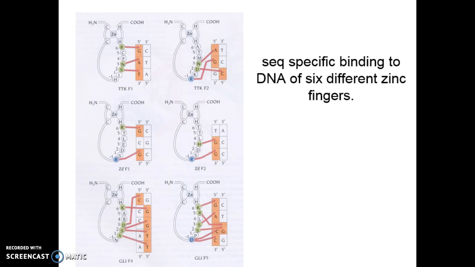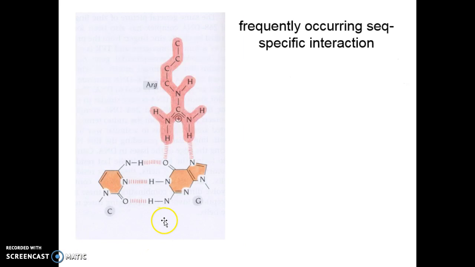Zinc fingers are randomly arranged in the major groove, and successive zinc fingers bind to successive subsets of 3 to 5 base pairs along the DNA. Two hydrogen bonds formed between arginine and guanine are frequently observed in sequence-specific interaction.